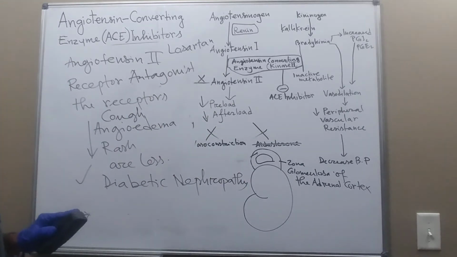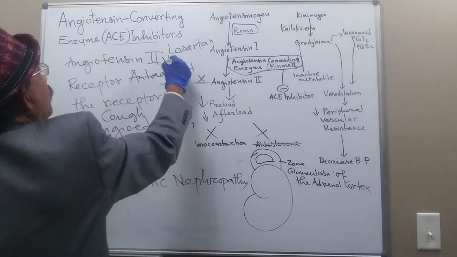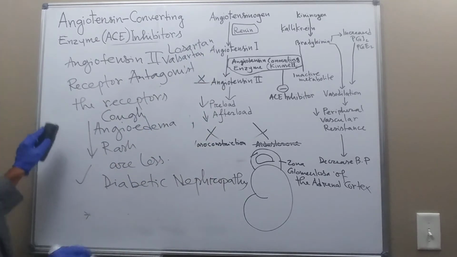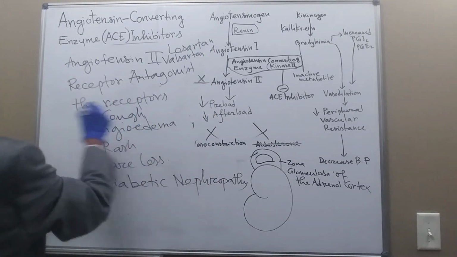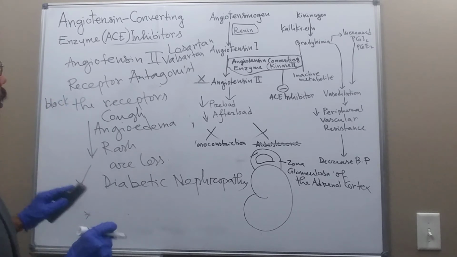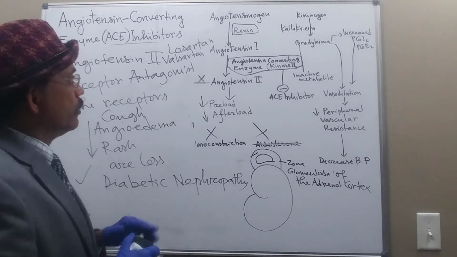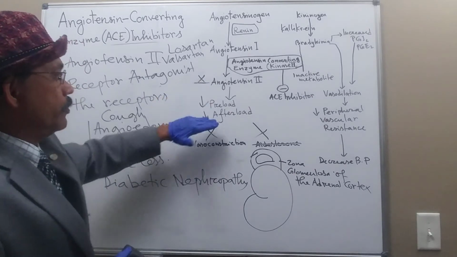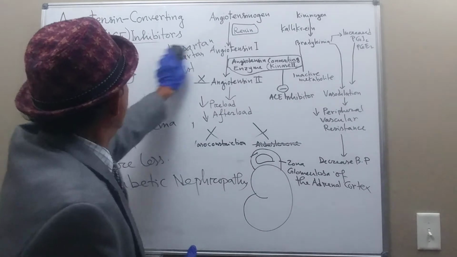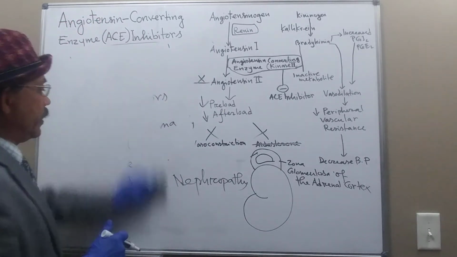Another one is valsartan. They block the receptors of the angiotensin 2, so they do not work on this enzyme system. Very good, we got that.